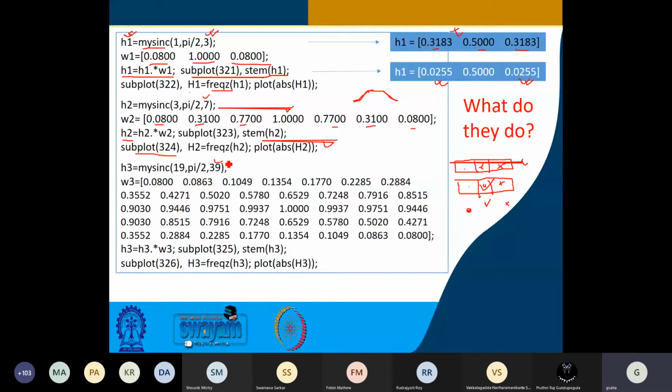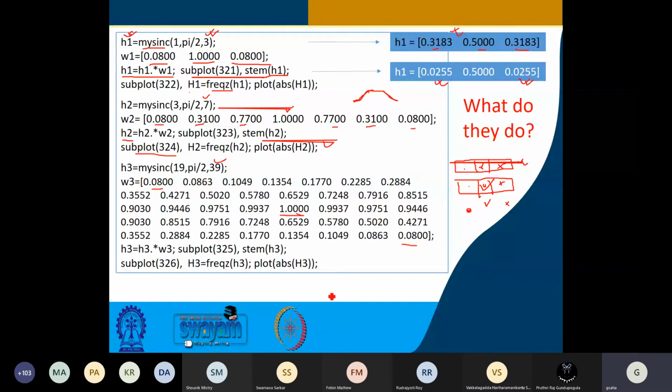And similarly for 39, again the central value is 1 and the outermost values are 0.08 and 0.08, and in between you will see that the other values are placed one after another. Okay, so that is what you see for this particular case.